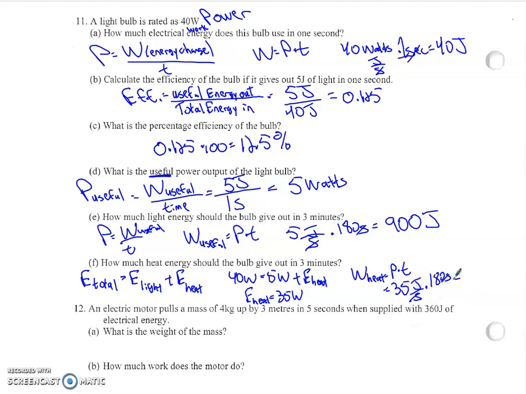That gives us 6,300 joules in 3 minutes. So when you look at the numbers for this light bulb, it gives off 900 joules of light but 6,300 joules of heat energy. It's not very efficient, but that's what we get with that light bulb.